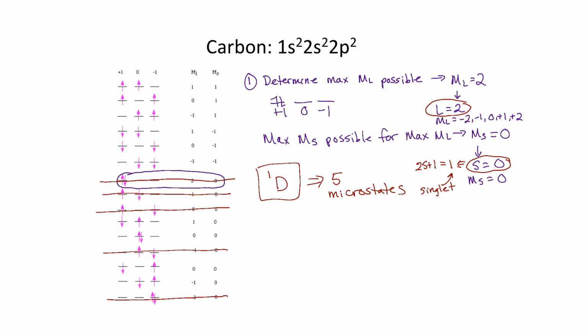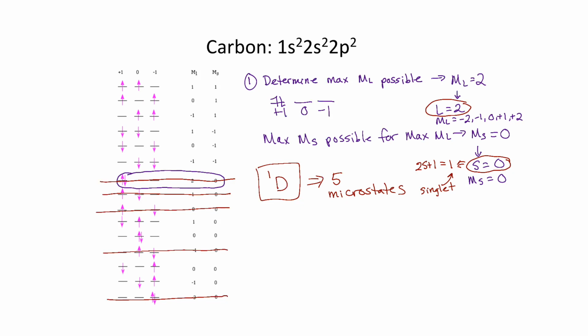Now you might have noticed that there are some other options that we could have chosen for the minus 1, 0. So there's another one here. So yes, there are duplicates, right, for those m sub L and m sub s's. At this point, it's just kind of arbitrary which one you're choosing. Okay, we're just essentially doing an accounting of all of our microstates.